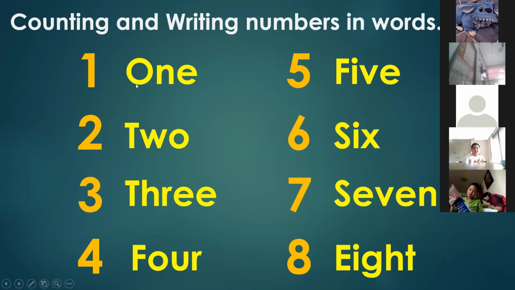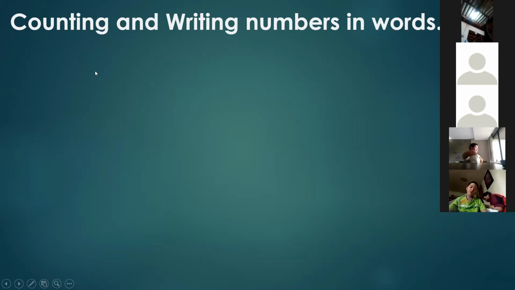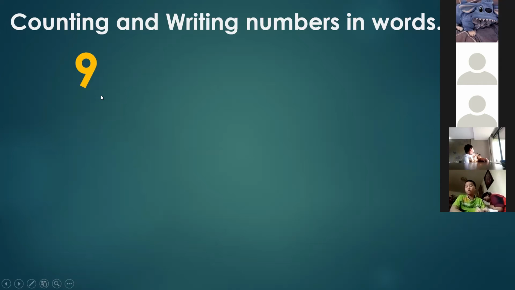Okay, so let's just review. We have 1, ONE, 2, TWO, 3, THREE, 4, FOUR, 5, FIVE, 6, SIX, 7, SEVEN, and 8, EIGHT. Okay, so next, what number is this? 9.